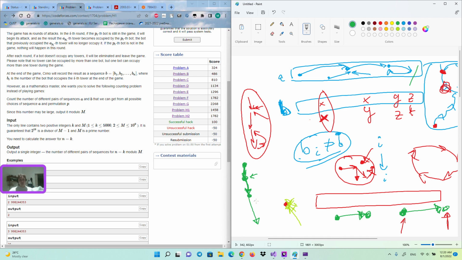But this bot didn't die, it captured this one, and so on, and this captured this one, and this bot died. So we found a path. That's all. So A is a DAG, and a DAG with outcome degrees equal to 1.